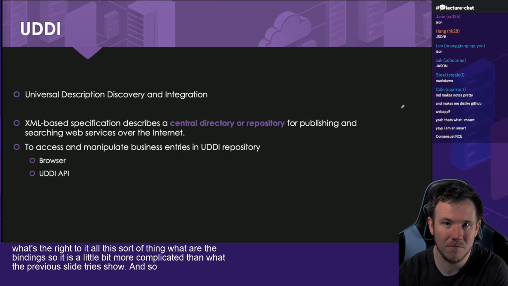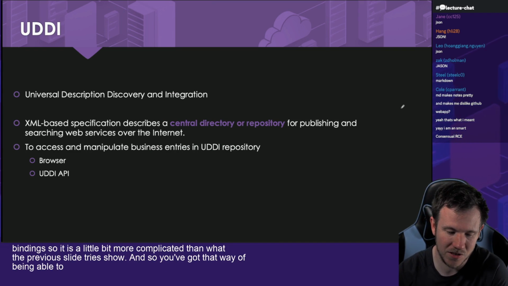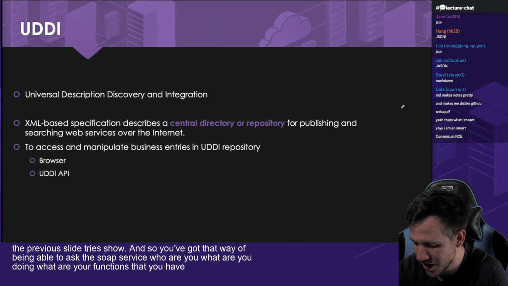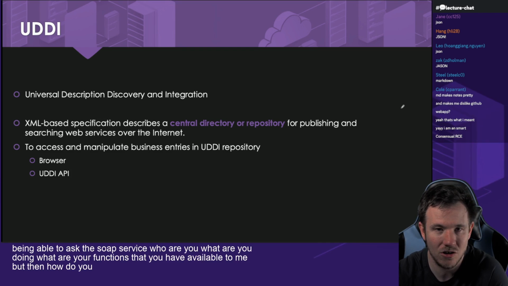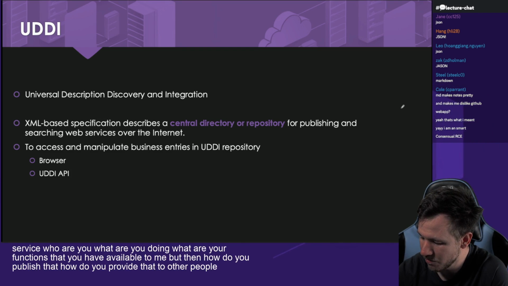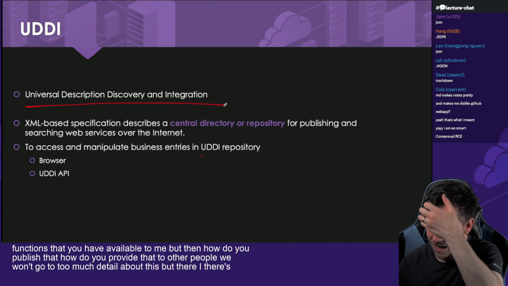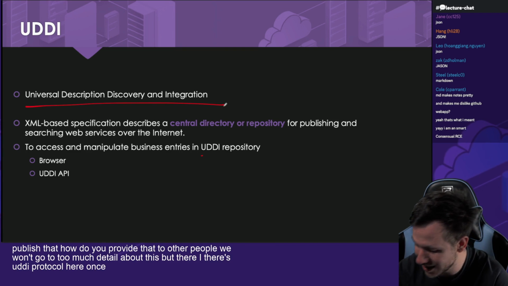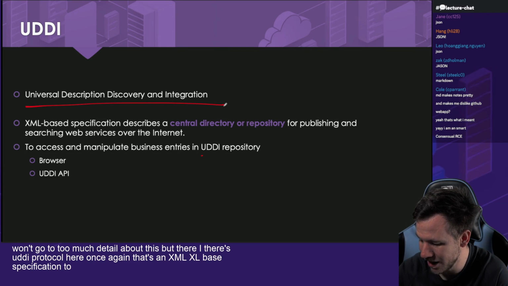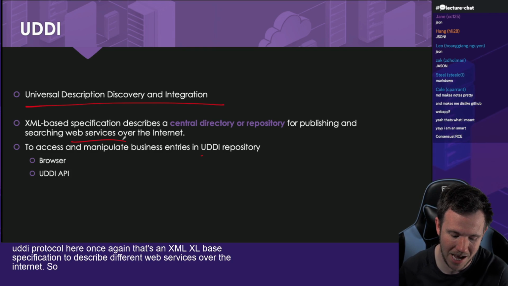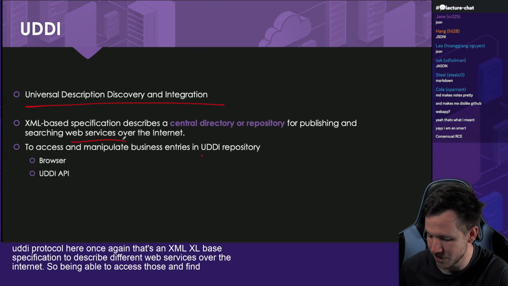And so you've got that way of being able to ask the SOAP service, who are you, what do you do, what are all the functions you have available to me. But then how do you publish that? How do you provide that to other people? We won't go into too much detail about this, but there's the UDDI protocol here. Once again, it's an XML-based specification to describe different web services over the internet, so being able to access those and find the WSDLs for them.